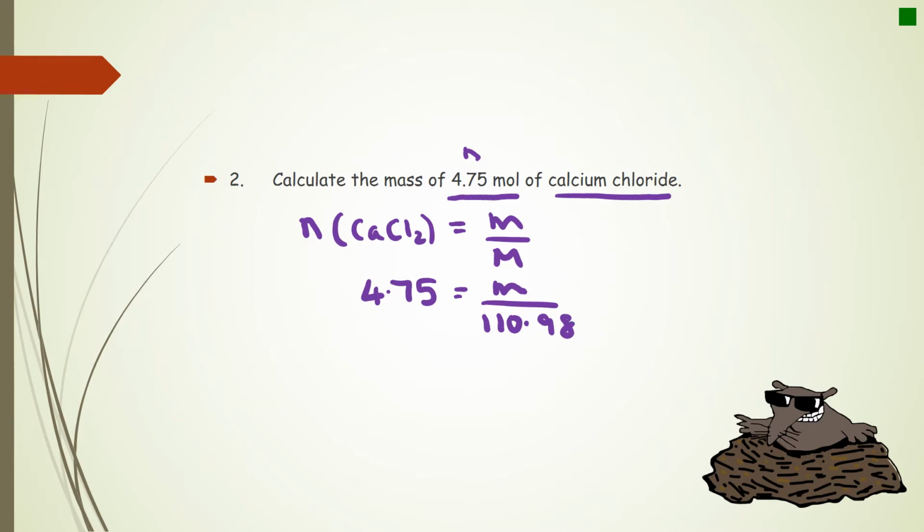Now from there we need to rearrange. So the mass is equal to 4.75 times 110.98, which comes out to 527 grams. Remember, we were given the question in 1, 2, 3 significant figures, so we must provide our answer to 3 significant figures.